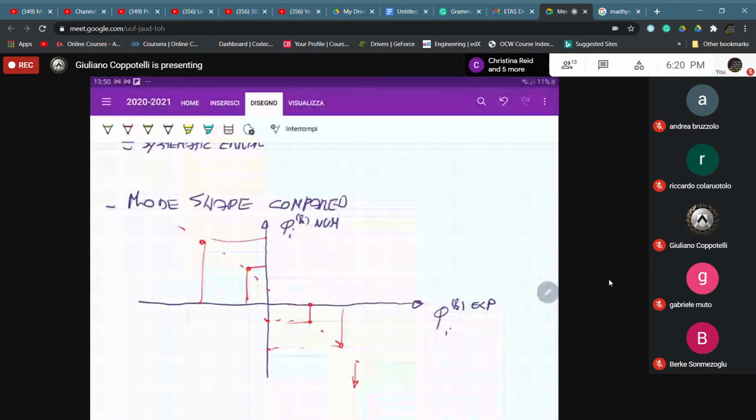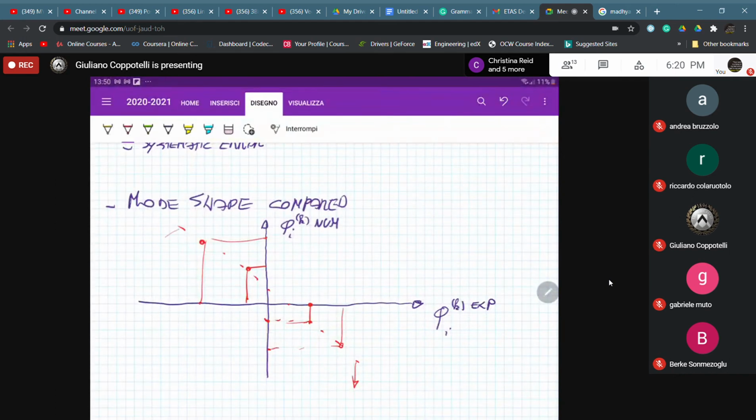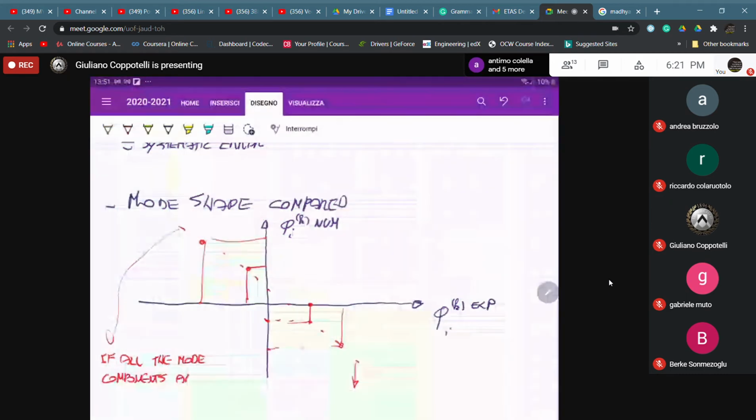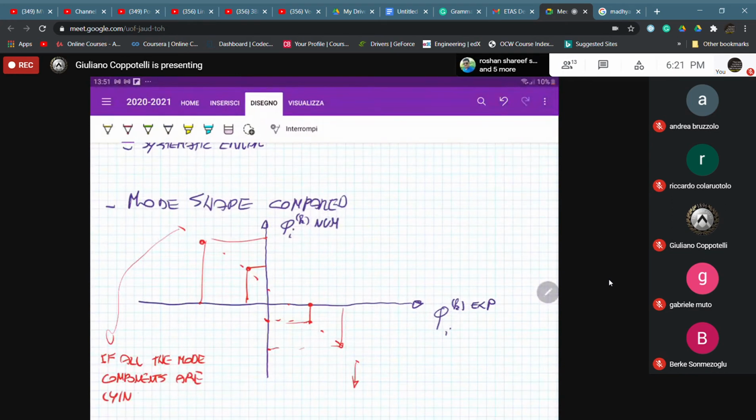So if all the mode components are aligned in a straight line, then we have a perfect correlation.